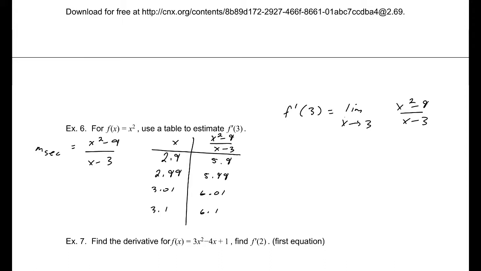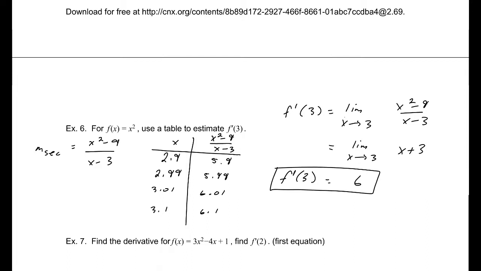Now, if we evaluate the limit itself, that is the limit as x approaches 3 of x plus 3 because it cancels, and our limit is 6. So we can estimate, based on a table, that f prime of 3 is approximately 6. But we can say from our limit definition, f prime of 3 is equal to 6 based on that limit.